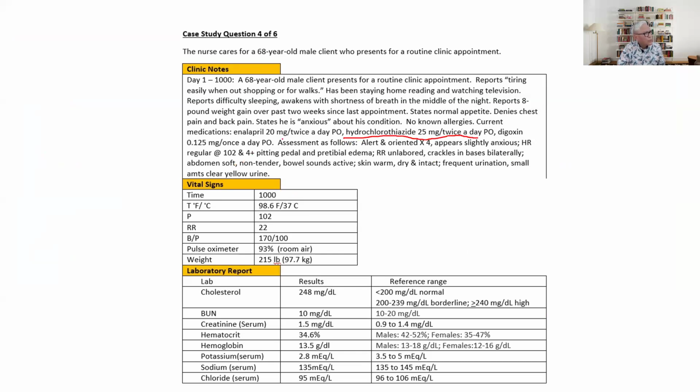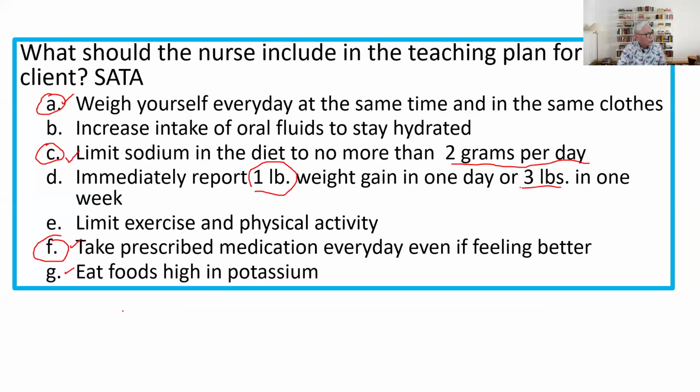Now, he is also on enalapril, I believe. There you go, enalapril, which could increase his potassium. So we need to make sure that we watch that diet as far as supplementation with potassium. So this might be something that I would question.